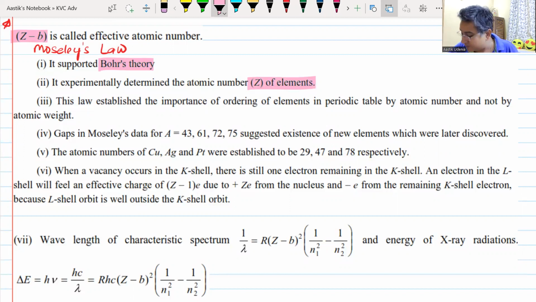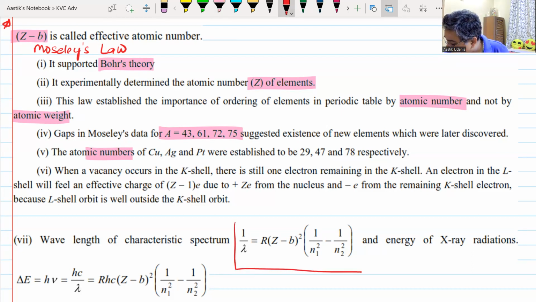It tells us that the periodic table must be arranged in the order of atomic number. The gaps left in the periodic table were later found to be filled by new elements. The atomic numbers of some elements were established. Then you have this formula. We have already written this formula.